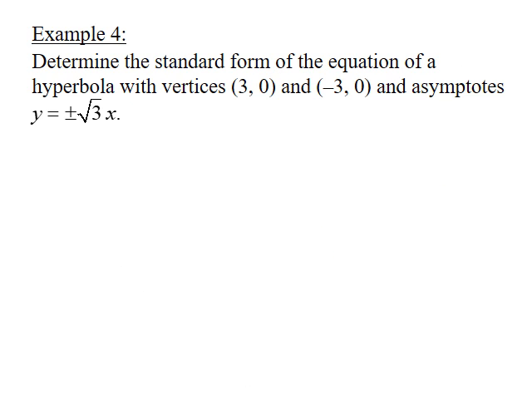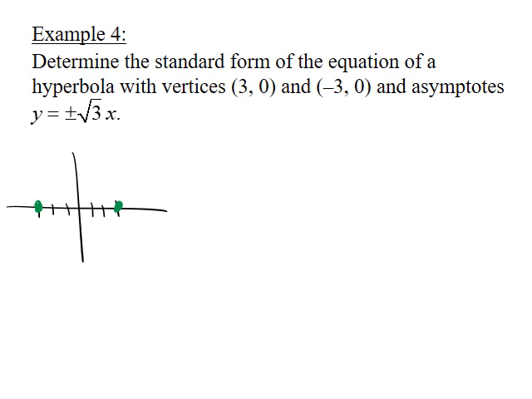All right, we need to get our detective on here. So we want to write an equation. We're given some vertices and the asymptotes. Okay, so let's just sketch what we know real quick. We know the vertices are at 3, 0, and -3, 0, which are here and here.